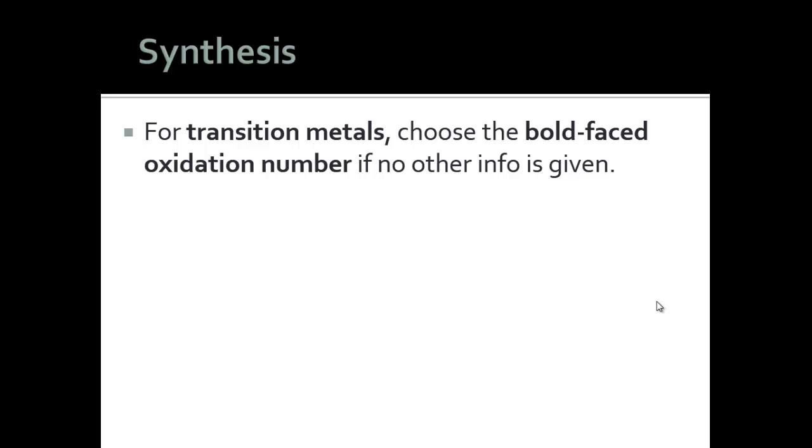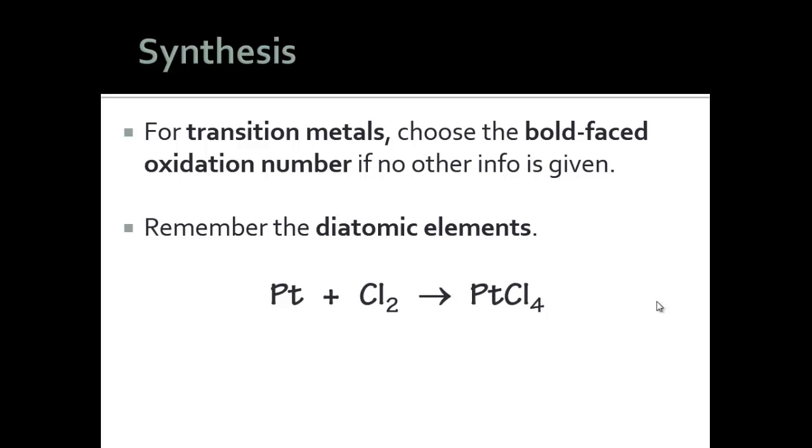Choose the bold-faced oxidation number when one is given, and as you're writing these equations, keep the diatomic elements in mind. So for example, if platinum was to combine with chlorine, platinum is a transition metal that has more than one charge listed. You can see on your periodic table that it has a +2 and a +4 listed. And so as I indicate here, choose the bold-faced oxidation number when in doubt.